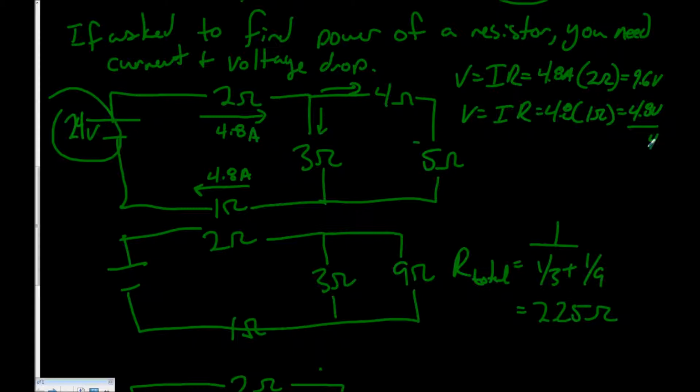So that should be 4 and a 1. So I believe 14.4 volts gets used between these two. So what remains must be the voltage drop across this part of the circuit. Are you with me? Does everyone agree with that? Is this math right? I hope so. Okay, so 24 minus 14.4 should be 9.6 volts.